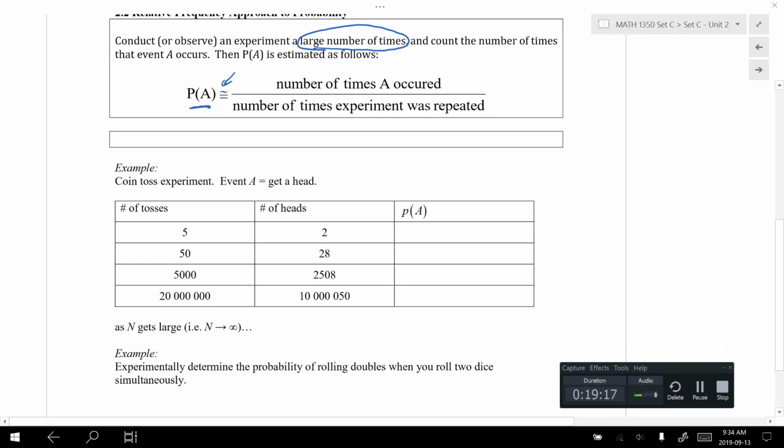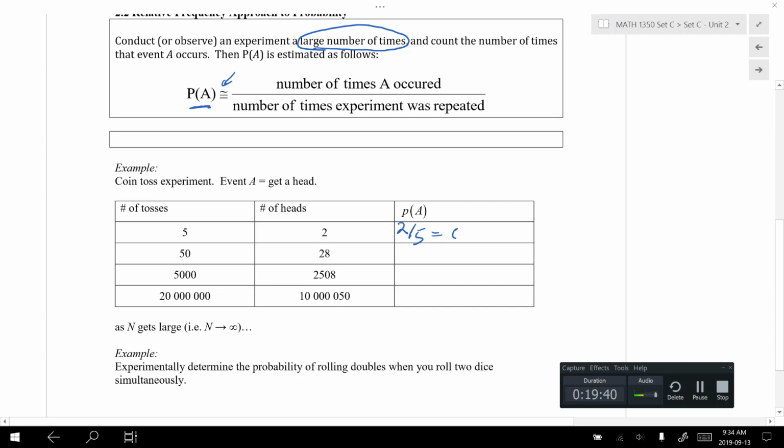Okay, so let's see an example here with a coin toss. So maybe we're considering just a simple coin toss and we're wondering if we're going to get a head on the coin. If we repeat this experiment, maybe I did this earlier, you can toss a coin 5 times and maybe I got 2 heads coming here.